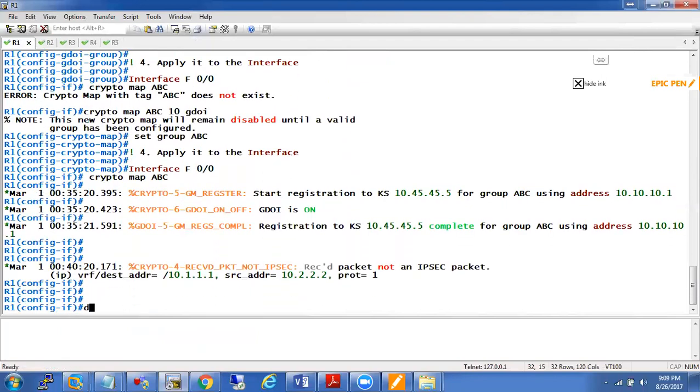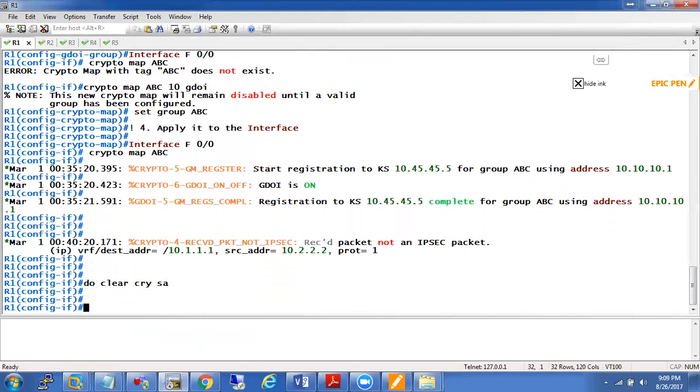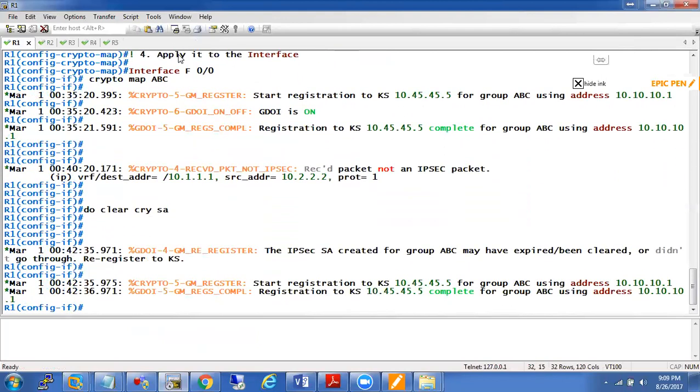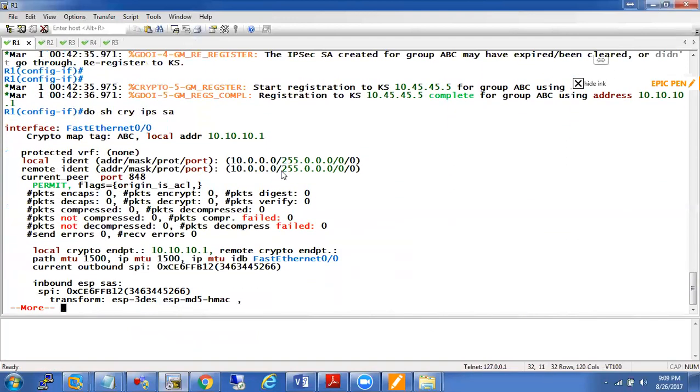Let's go to 1, clear crypto SA. Registration complete. Show crypto IPsec SA. 10.0.0.0 is good.